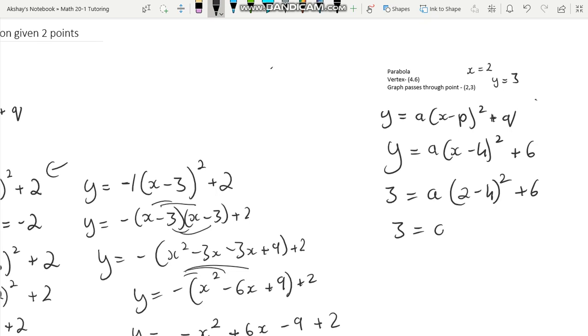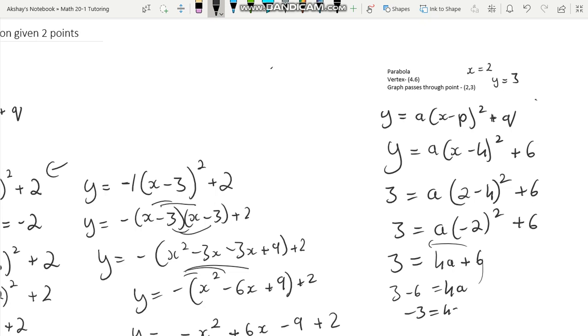Now I would expand this out. 2 minus 4 gives me negative 2, squared is 4. So I have 4a plus 6 here. Now I have to isolate my a, so I'm going to take my 6 to the other side. So 3 minus 6, which is negative 3, is equal to 4a.